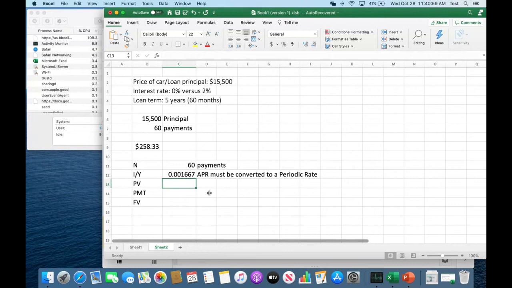When we talk about cash inflows and outflows, remember, we're not talking about the value of a car, we're talking about the value of a loan. The present value of this loan is positive, and it's positive because it represents a cash inflow to you from a lender.